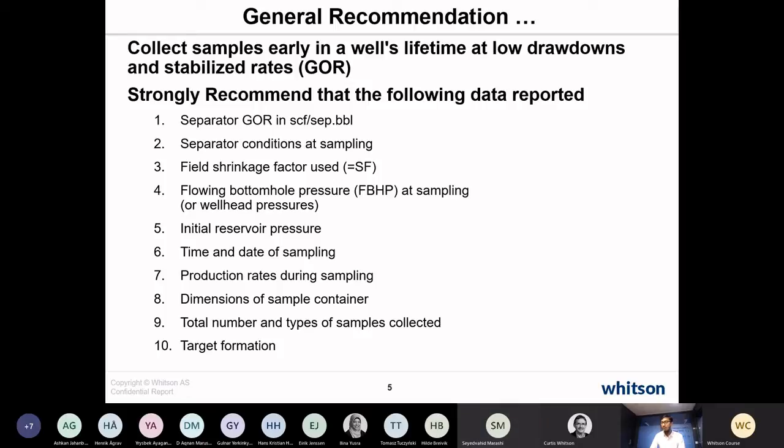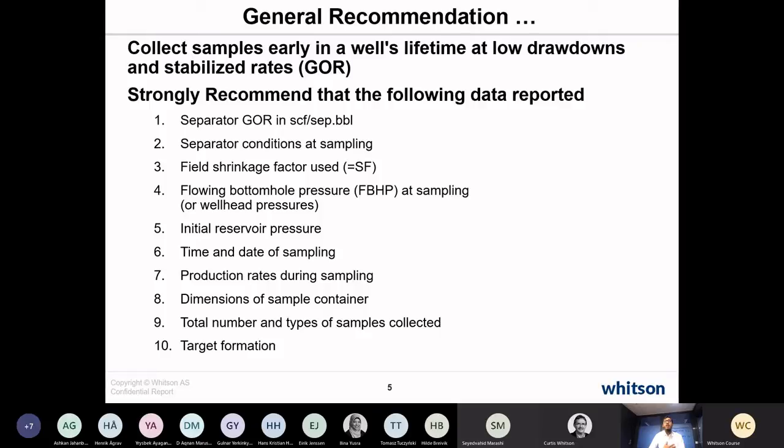I think it depends. Generally, the more samples you have, the more robust is the PVT model that you are going to get. But it depends on how complex your fluid type is, for example, and what you are expecting. What will be your production strategy?